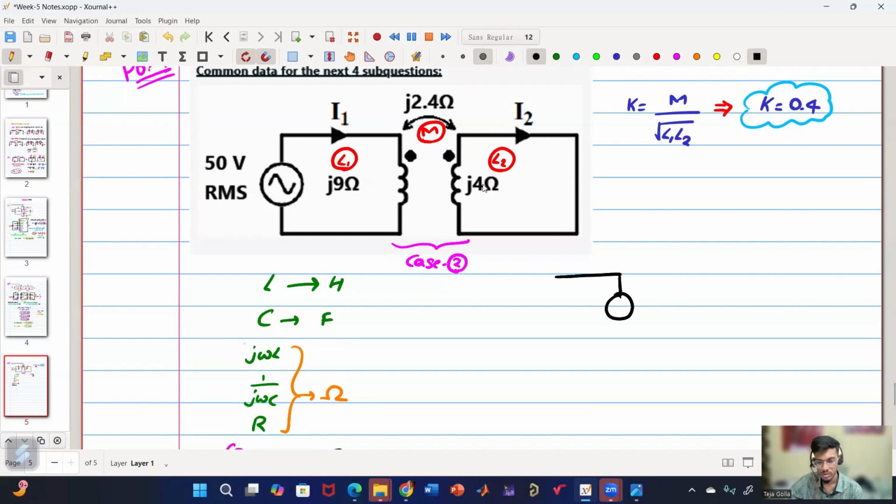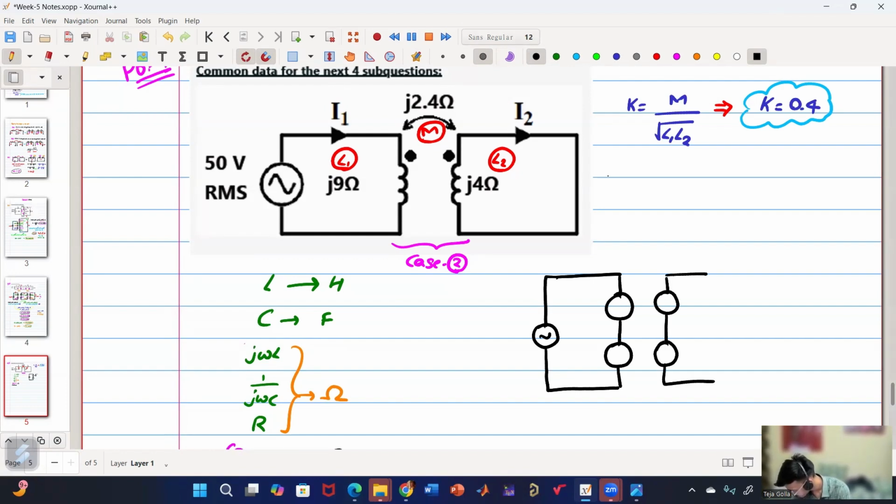One for self-inductance and one for mutual inductance. Yes, very good, so two each. And this source is 50 angle 0 degrees.